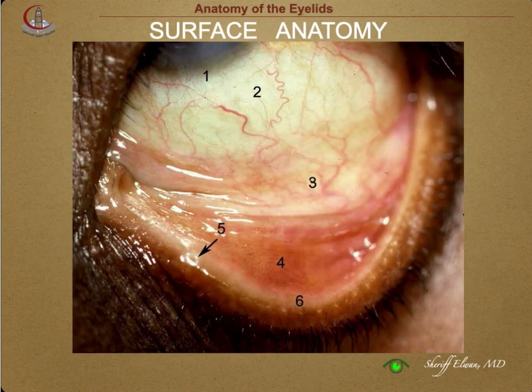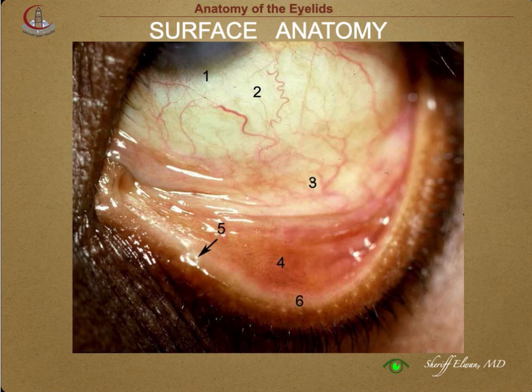Now, on everting the lower lid, and we're going to go through that later on when we describe the lid margin, the lid margin carries the lacrimal papilla, which is an elevation on the lid margin about 8 millimeters from the inner canthus laterally, and in it there is an opening which is the port to the draining lacrimal system, and it's called the lacrimal punctum.